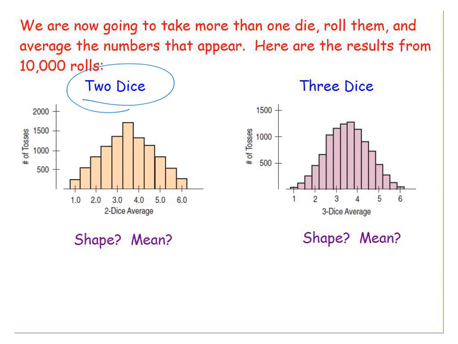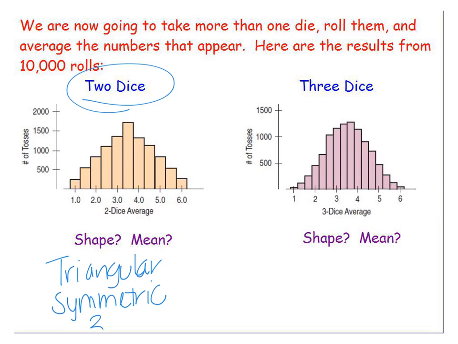Maybe you might call it triangular, because it does definitely look like a triangle. Maybe you might use the word symmetric. But all of a sudden we start to see a shape. Is there a mean? Is there a number that occurred the most? Well, it's looking to be maybe 3.5 is the average result.